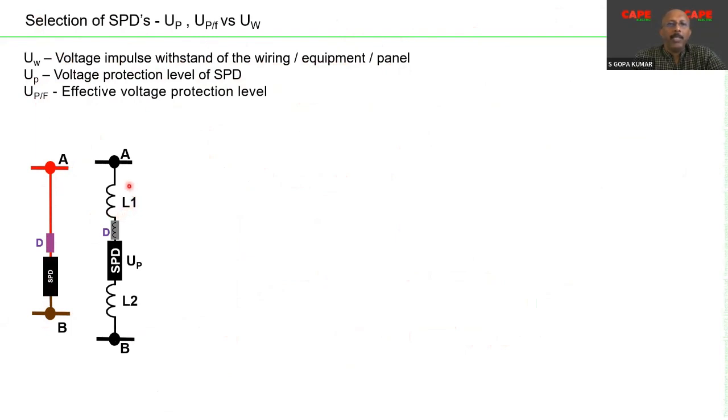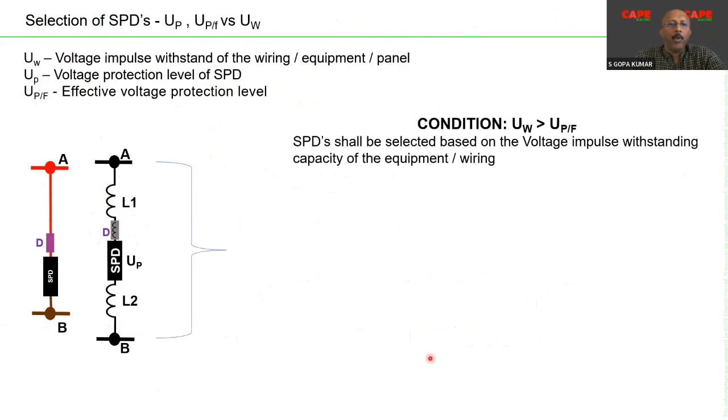The electrical equivalent circuit will be something like this. So during a transient current flow, your line length is equal to an impedance. Your fuse also has a certain impedance. In between, the line L2 has an impedance. As a result, during a surge current flow, the actual voltage protection level between A and B, because your equipment is connected between A and B, you are not bothered about the protection level of the SPD.